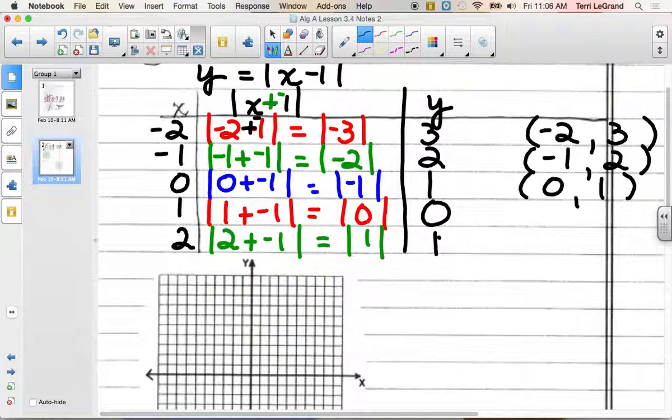I forgot to go over here and finish doing my ordered pairs. If you did the same thing, go ahead and finish with me right now. We have 5 ordered pairs. Okay, I want you to go graph those.